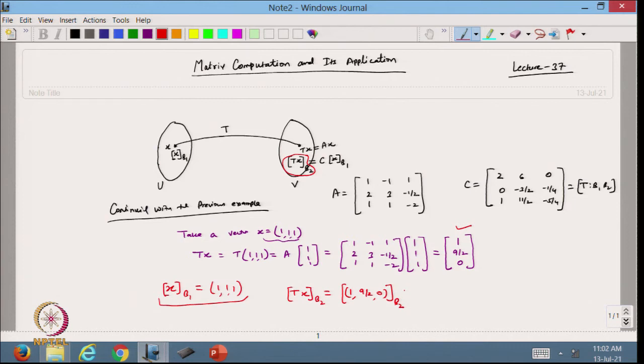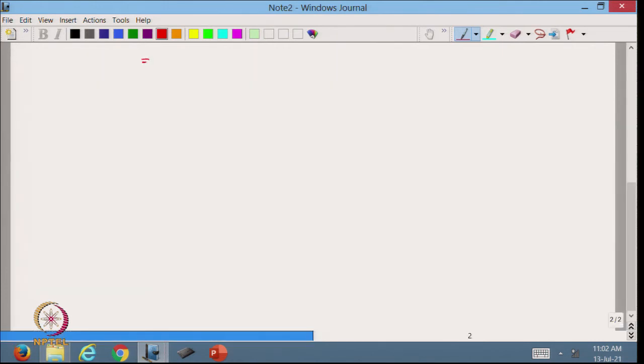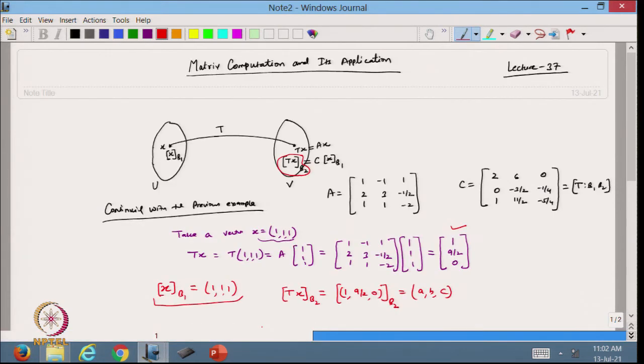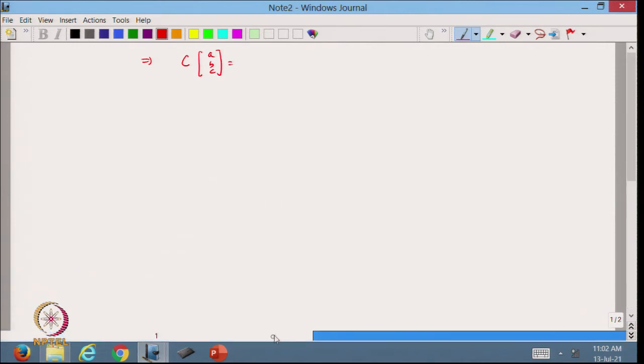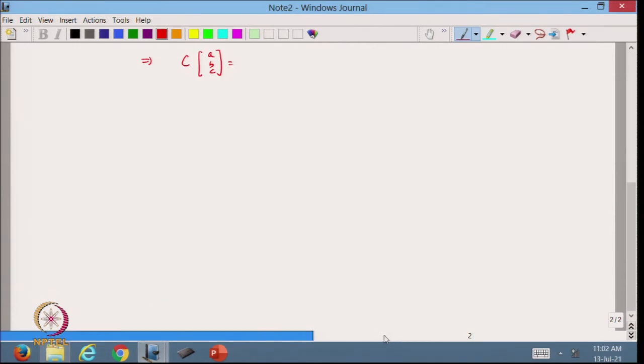So, how can we find it? Let us suppose it is equal to A B C. Now, B2 is the matrix. So, I can write from here that my matrix C, and then the vector A B C, should be equal to 1 9 by 2 0.